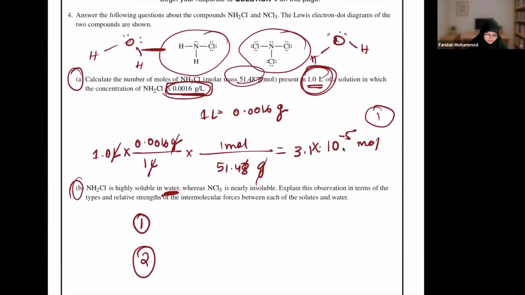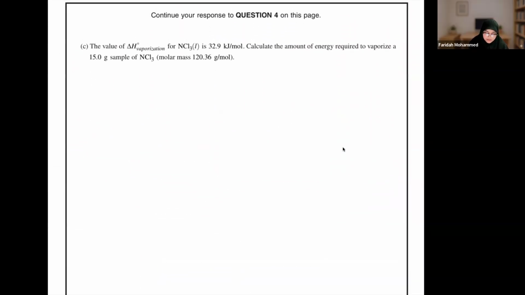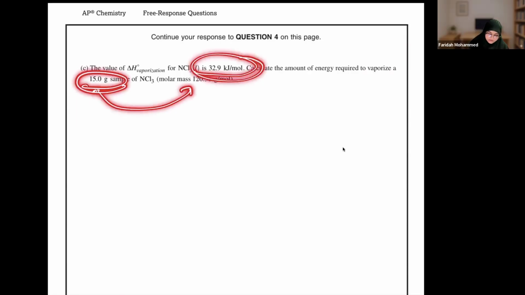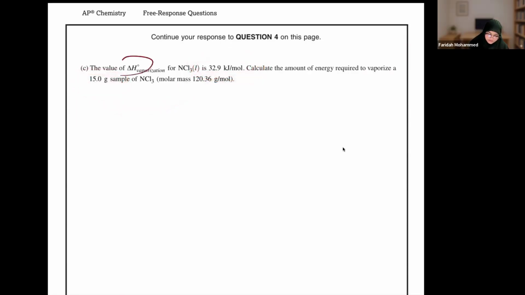Okay, this one, C. For C, it's stoichiometry again. You start with what? Given grams, convert to moles, and then multiply with this, right? Remember, Q equals M delta H, and M depends on what?